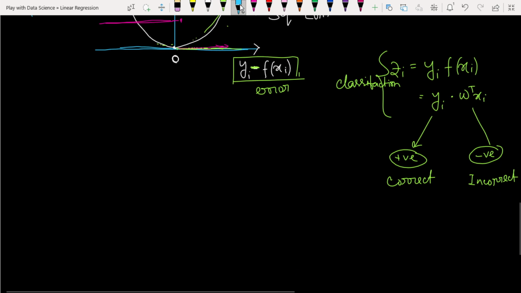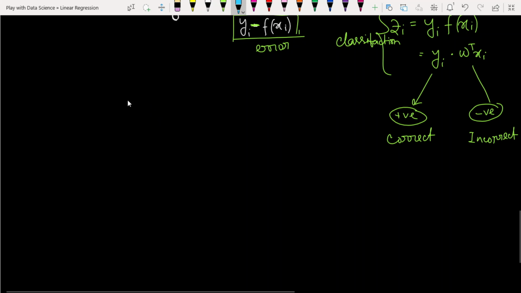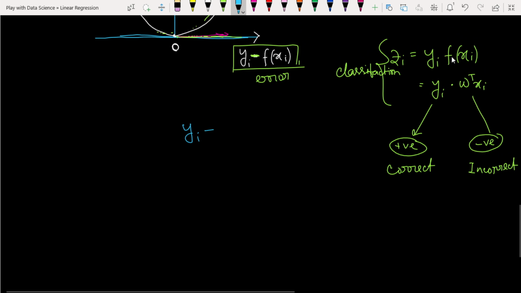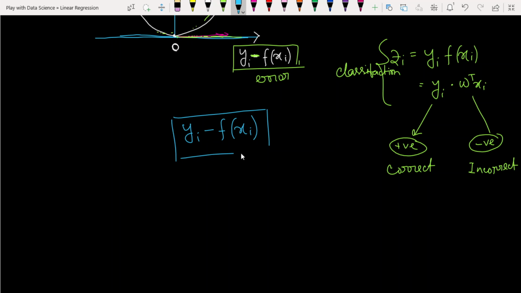But here in regression, our error will be yi minus f of xi. In classification we use multiplication, but here we use subtraction. Because we use subtraction, it is called the error term, a linear term, while the multiplication is not linear. This is our actual error term, and we use this error for the regression technique.